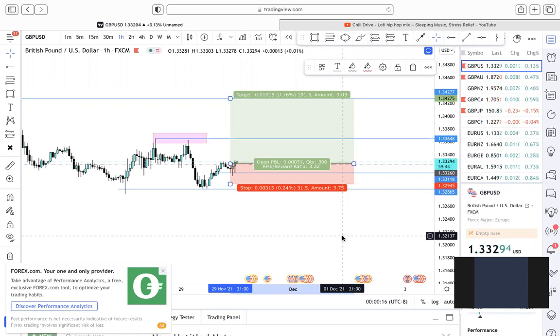And then my stop level is going to be 1.32945, which is 31 pips. All right, let's send this to the Discord channel.